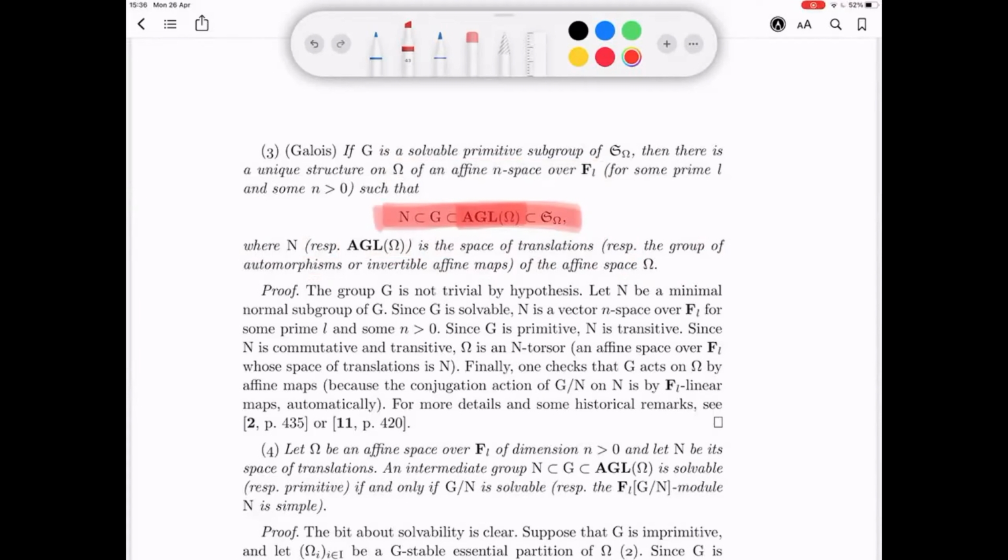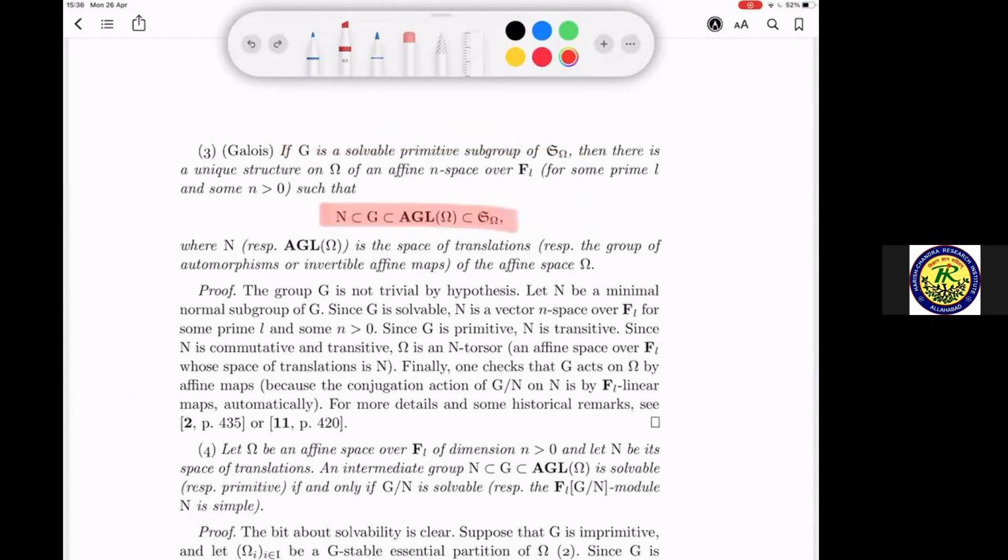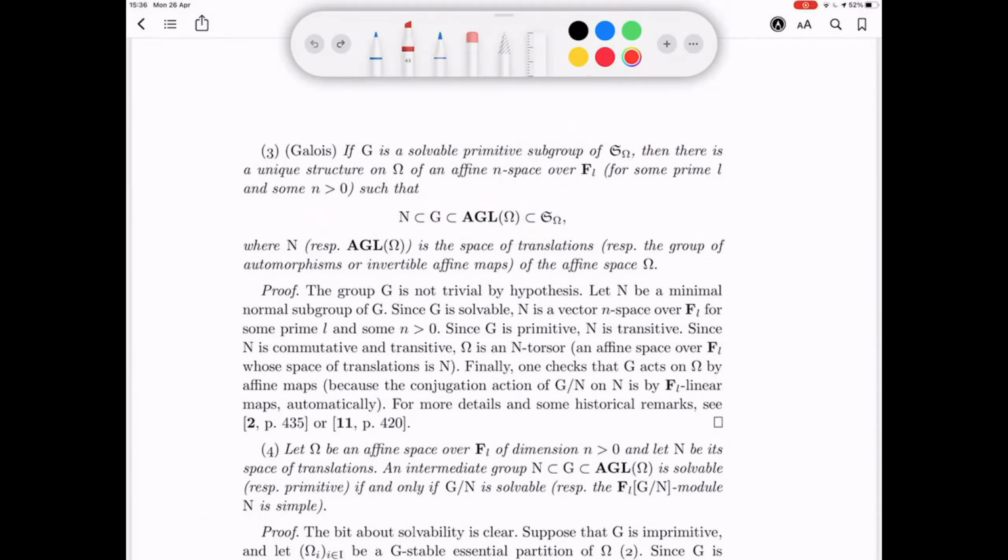So I've said if G is a solvable primitive subgroup of S omega, where omega is any finite set which has at least two elements, then omega has the structure of an affine n space over FL.